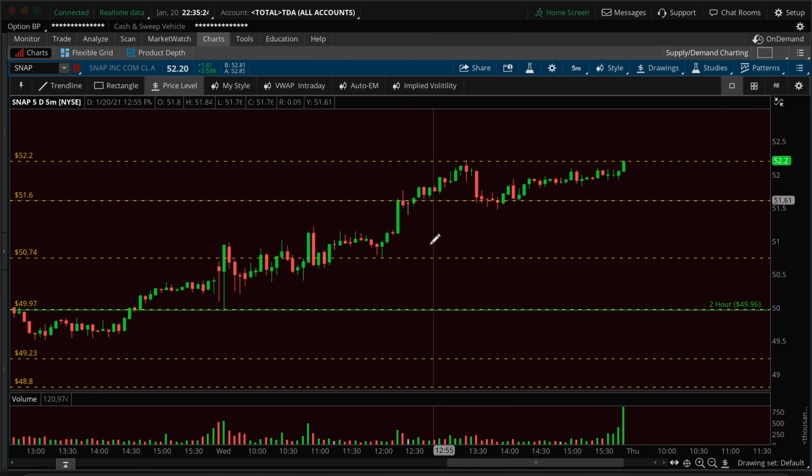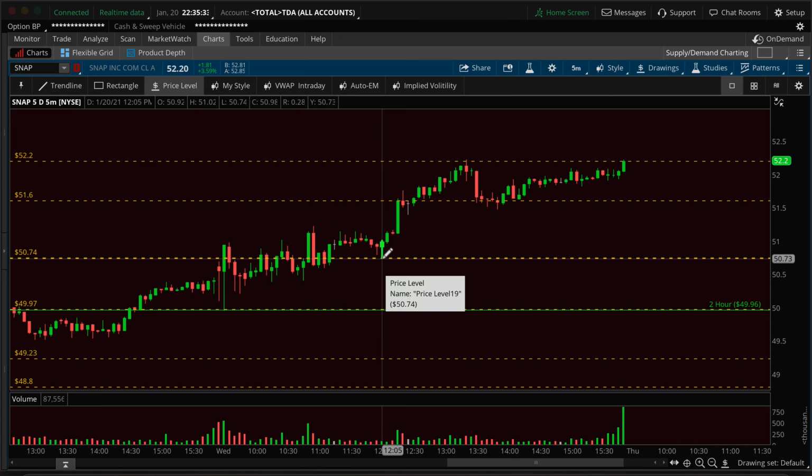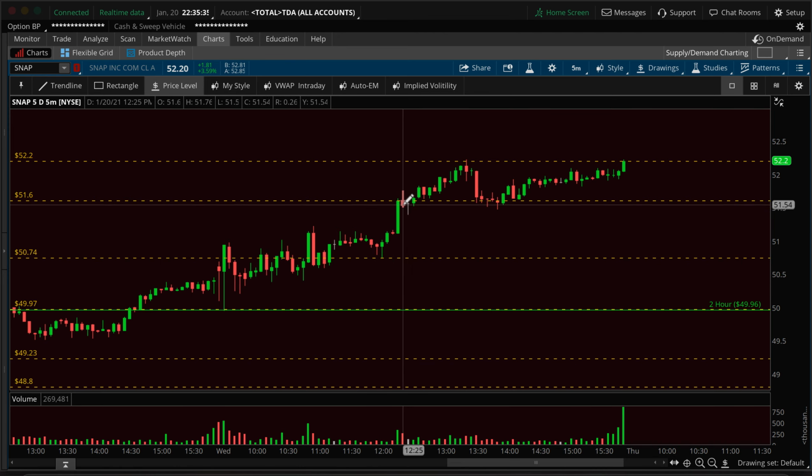So this was a perfect example. These can be easy, quick scalps that you want to get in. You could have ran this from 50.74 to 51.6. That was pretty much a dollar move from this zone to this zone. So that's perfect, different areas that you can get in for quick scalps.